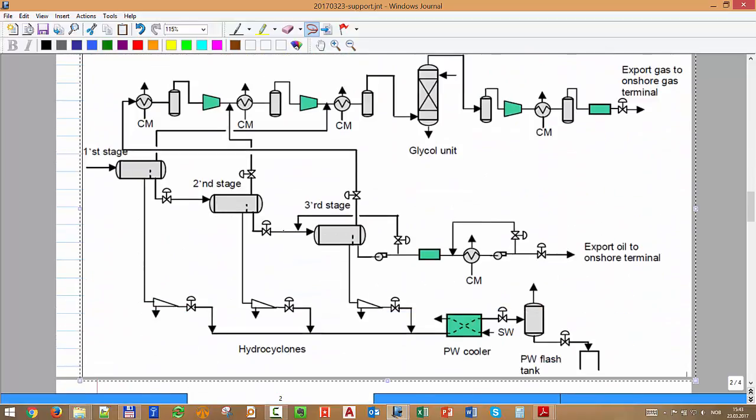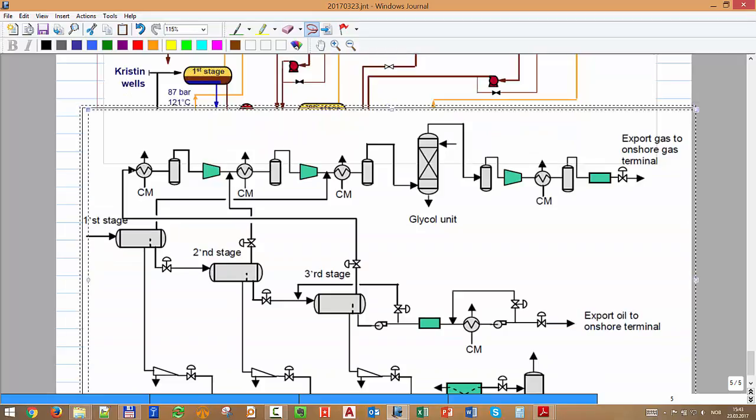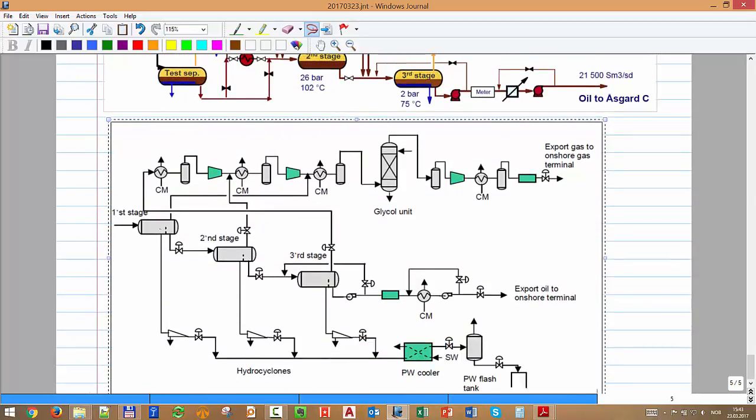Okay, let me take that diagram. The water is usually separated, and it depends a bit where you do it, but most of it is separated in the first stage separator.